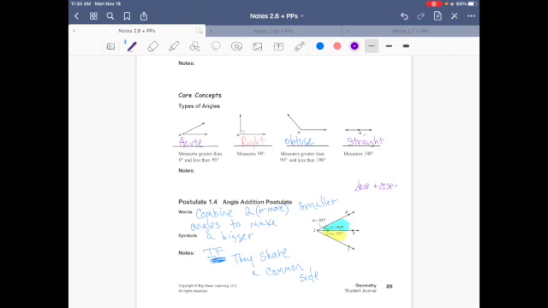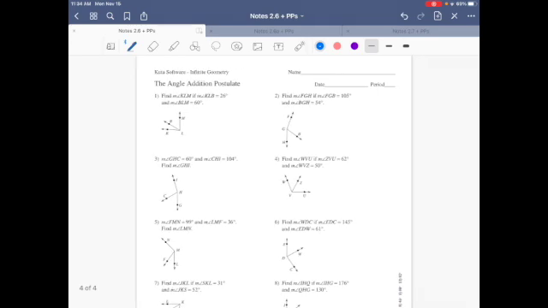If I add those together, I'm going to get this big angle here, this one on the outside, angle RST. That's the big idea. So let's look at a couple practice problems, and we're going to go to the last page.